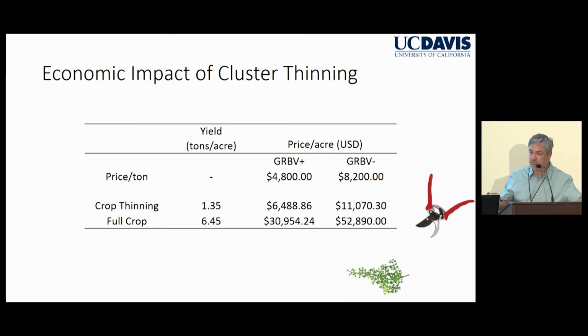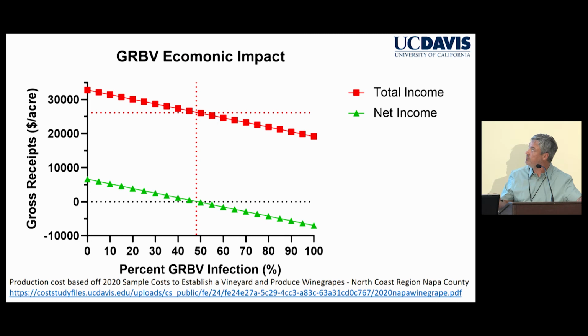But this doesn't tell the whole story because we know that it also costs money to produce vines, to produce the crop. And so I was able to pull some numbers together, cost estimates that are represented in this upper horizontal dotted line here, which represents the overhead cost to produce an acre of crop.